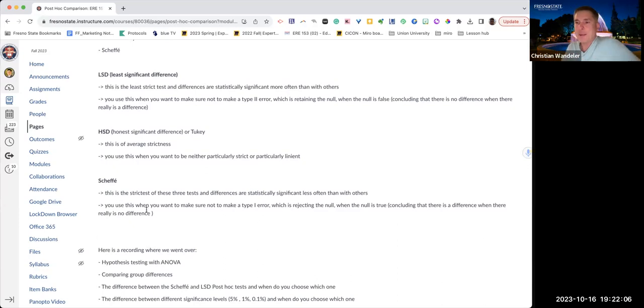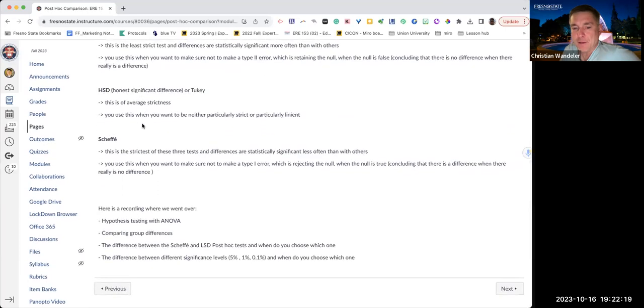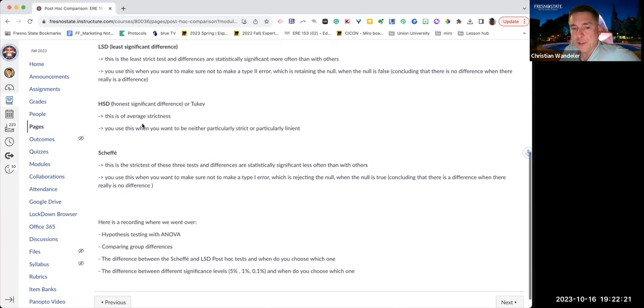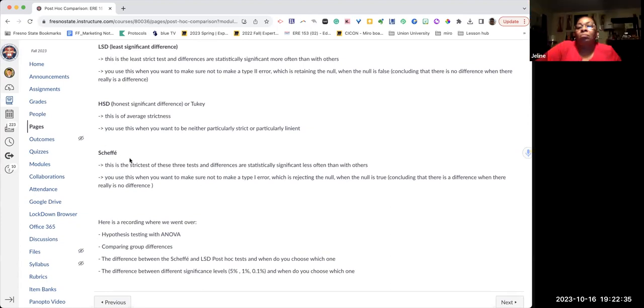Typically it is statistically significant less often than, for example, the LSD. When you want to be really strict and make sure that you don't make the type 1 error, which is rejecting the null when the null is actually true, when there actually is no difference, then use the Scheffe.